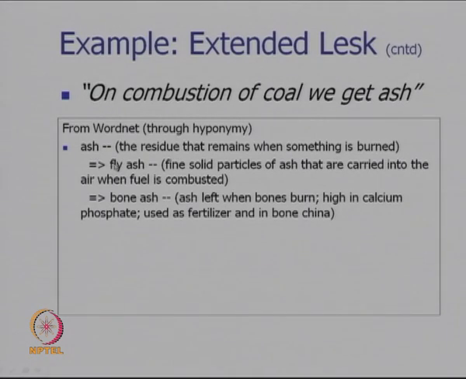So, ash has hyponymy, fly ash is a kind of ash, bone ash, which is another kind of ash, and we find that we get an overlap with combustion when we go to the hyponymy of the sense, okay, which is the fly ash here. So, combusted and combustion have an overlap. So, the residue sense of ash becomes the winner because of this deeper level overlap. Okay. So, this is extended Lesk.